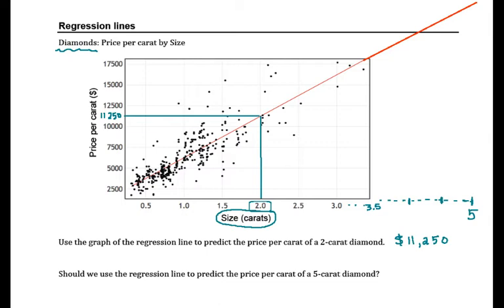I would be assuming that this pattern continues. But the reality is that we don't know what's going on out here, right? So we don't know that this pattern continues. And therefore, we should be very cautious about any sort of estimation that we do outside of our data range.